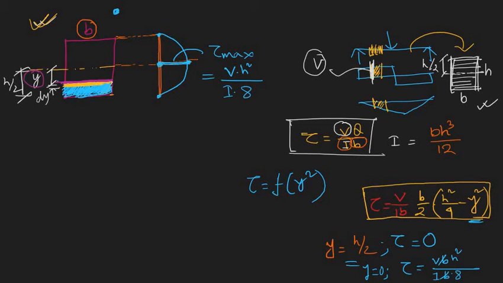Now if we simplify this formula further, we can replace I with b h cube by 12.